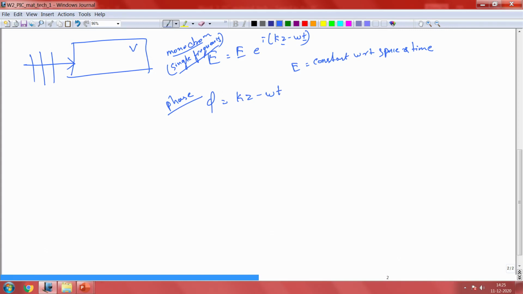So, now if you want to understand how fast this particular wave moves, we need to look at how the phase propagates. So, if you take a very simple wave like this and it is propagating through this, and you want to understand how fast it moves, the first thing that you do is look at the phase, right. So, how the phase or the constant phase moves in space and time, right. So, that is how you will find out how fast this particular wave is moving.